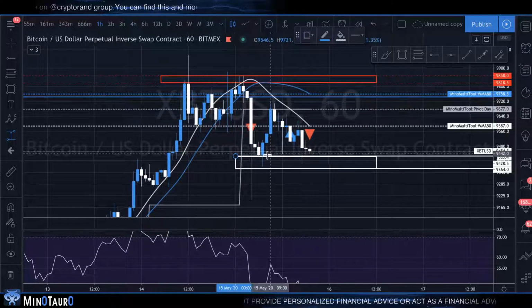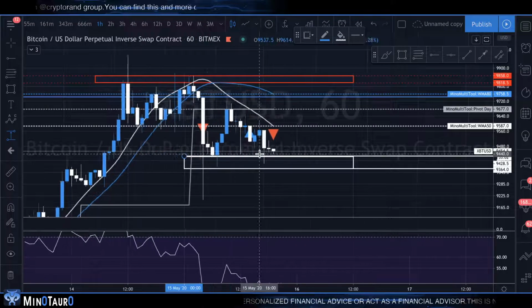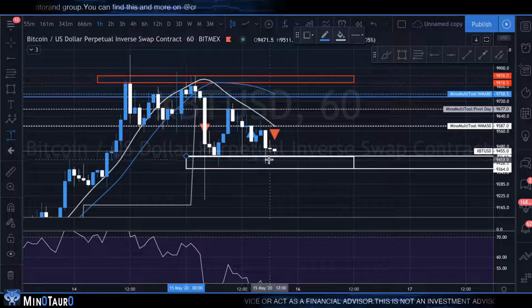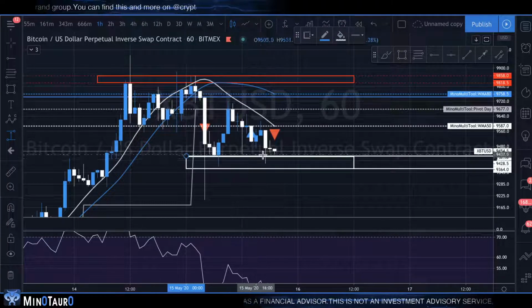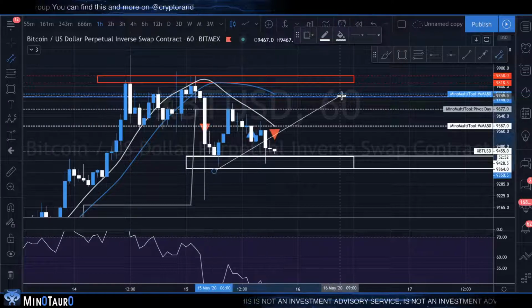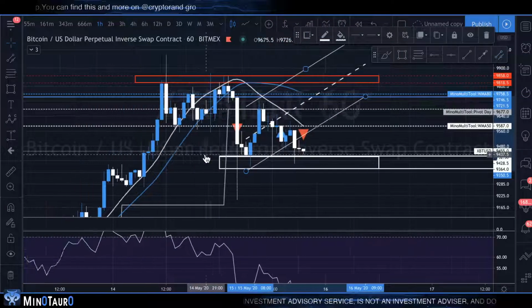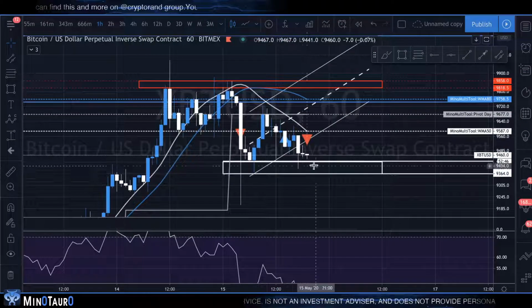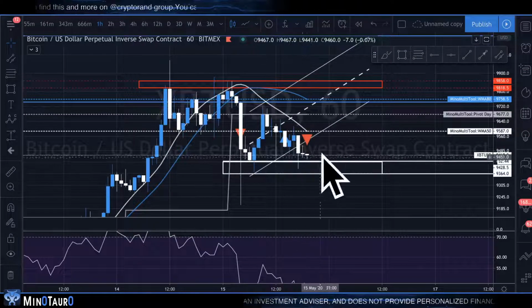Okay, so 161 was retested probably twice. This is a little over, but it's the same. It can be just a design glitch. This is a flag that we saw before. This is a very strong support at this time.